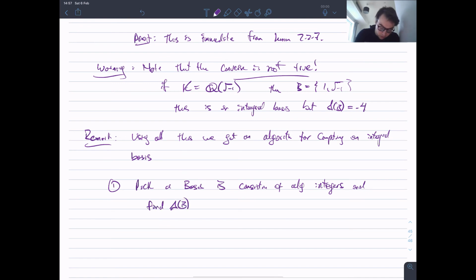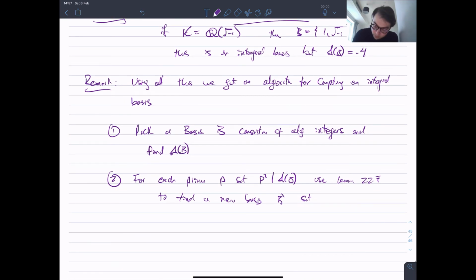Next, for each prime p such that p squared divides this discriminant, use lemma 2.2.7 to find a new basis B prime such that B prime has smaller discriminant.